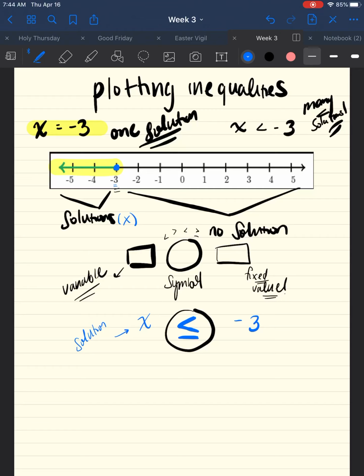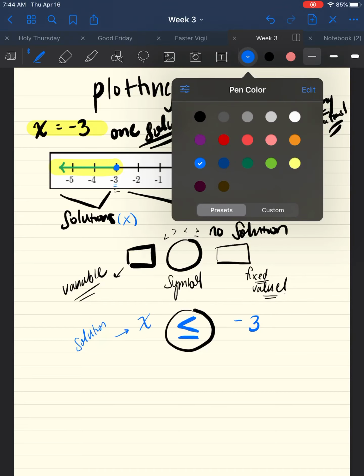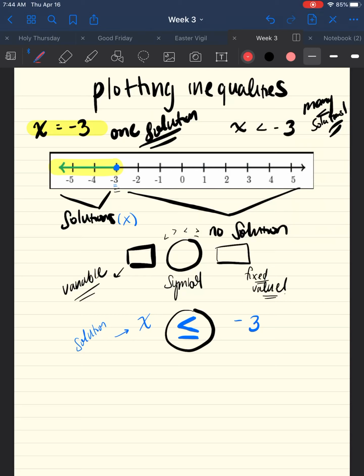So now, let's talk about when do you put less than or equal to, or when do you just put less than? When do you have to put the equal to? So first of all, when you have a closed circle, just like we did right now on -3, you're going to put the symbol less than or equal to or greater than or equal to, because this means that the solution is included.